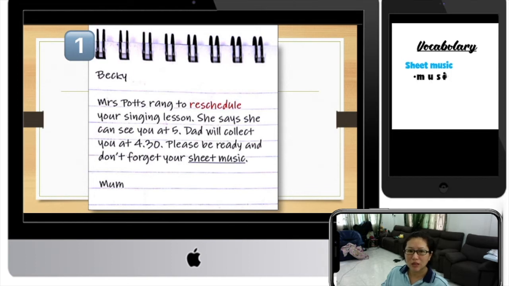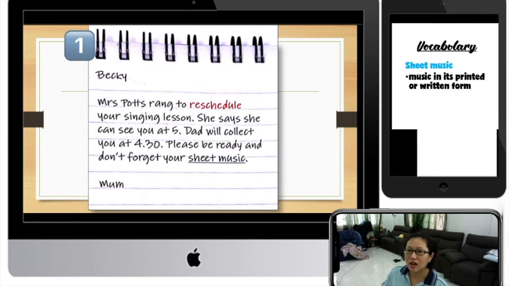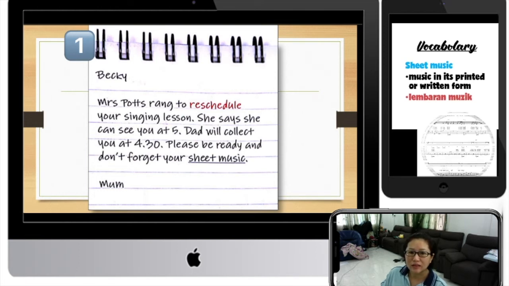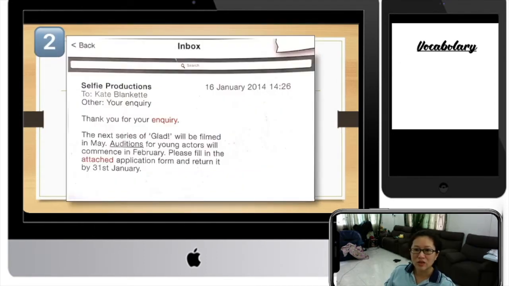What does it mean? It means music in its printed or written form. This is how it looks like. In Malay, it is called lembaran music. Let's look at text number 2.